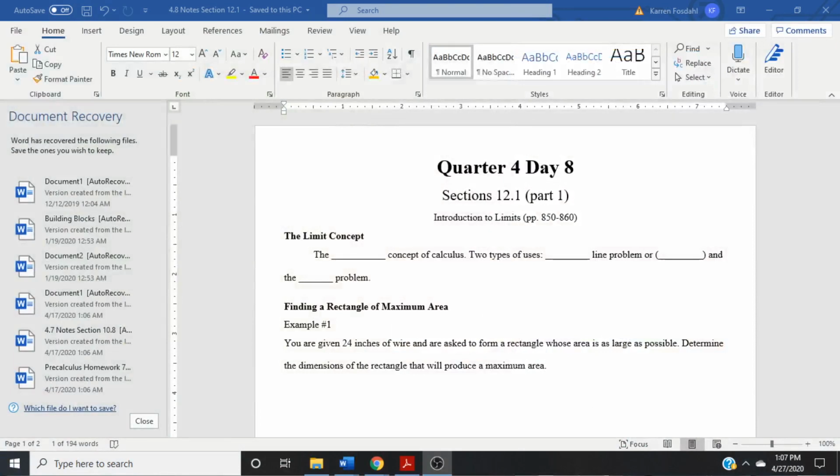12.1. Here we go. Back to that section. Okay, the limit. I'll just blow up the screen so that it's actually visible. Okay, so let me take one.